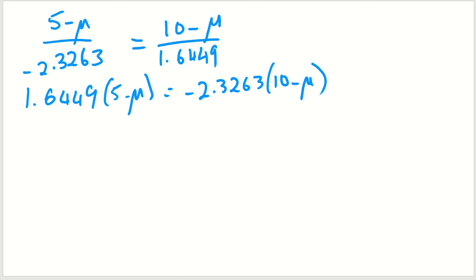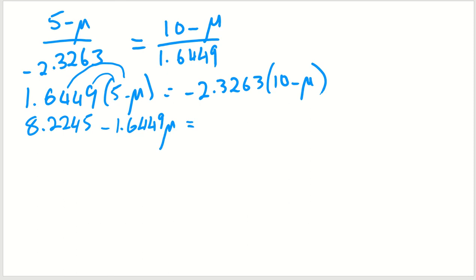So now I'm going to do 1.6449 times 5, and that is going to give me 8.2245, and then 1.6449 times the mean, and that's going to give me minus 1.6449 times the mean.